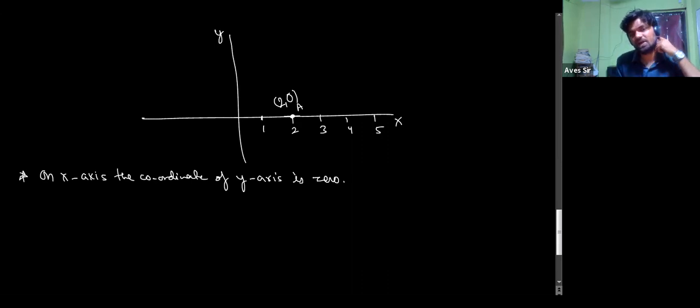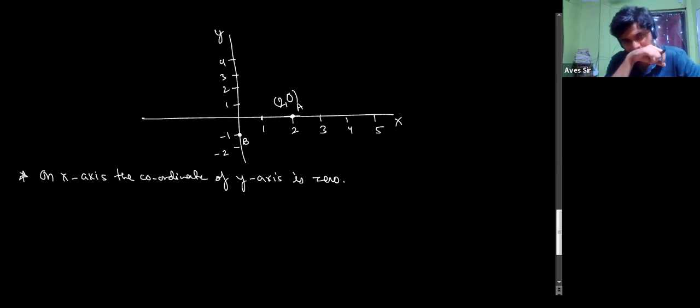And in a similar way, if I ask you, this is 1, this is 2, this is 3, this is 4, and this one is -1, this one is -2. If a point lies here, this is the point B, what would be the coordinate of point B? (-1, 0)? Sorry, (0, -1).